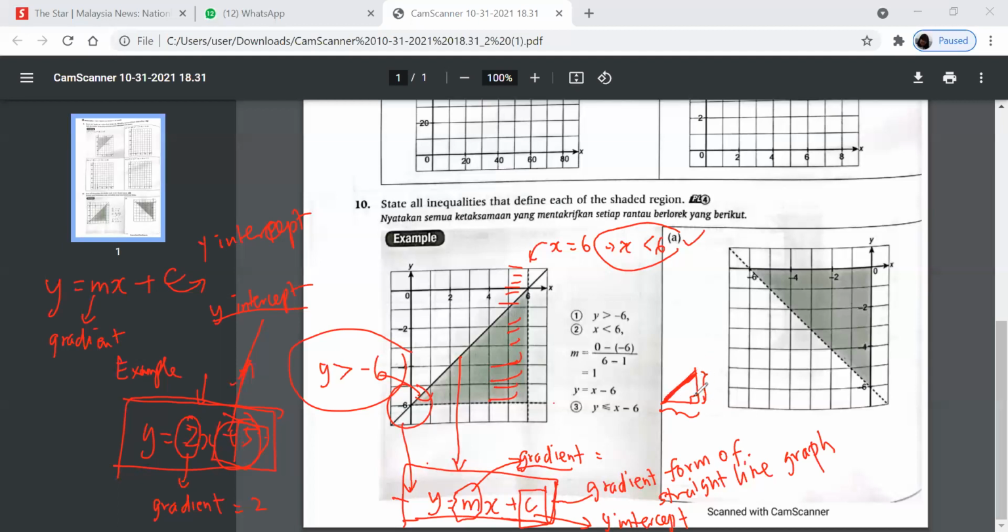Okay, and how do you describe how steep it is? You take the vertical distance over the horizontal distance. For example, if this is 4, this is 2, then 4 over 2.